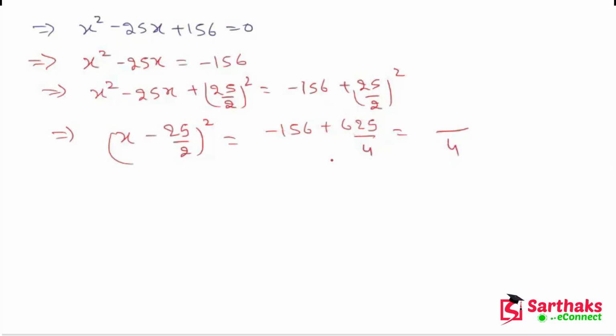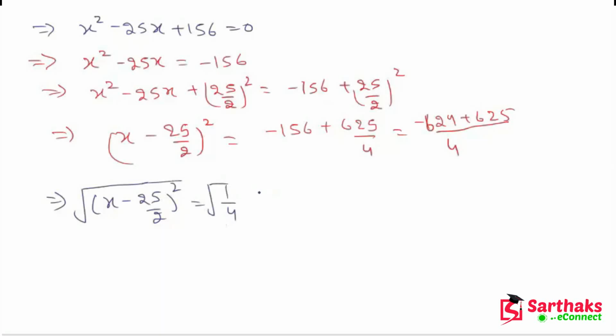If we multiply 156 into 4, this will give minus 624, minus 624 plus 625. So this will give x minus 25 upon 2 whole square is equal to 1 upon 4. Now we have to take the square root of both sides. So we get x minus 25 upon 2 is equal to plus minus 1 upon 2.